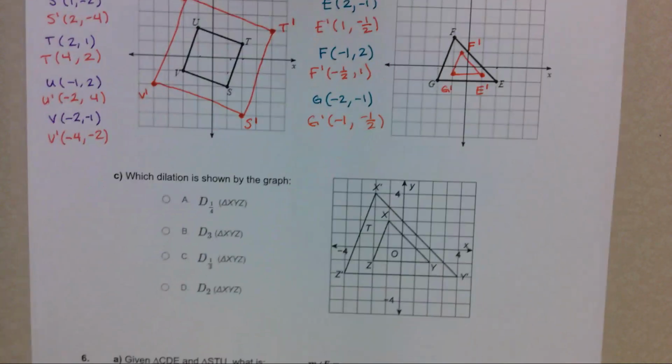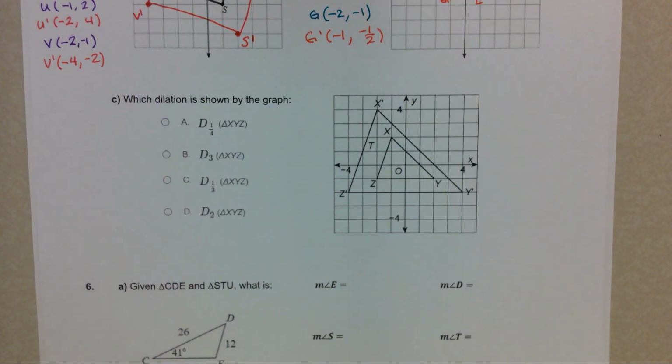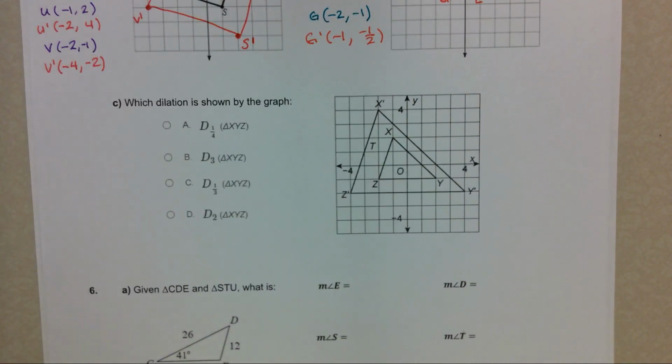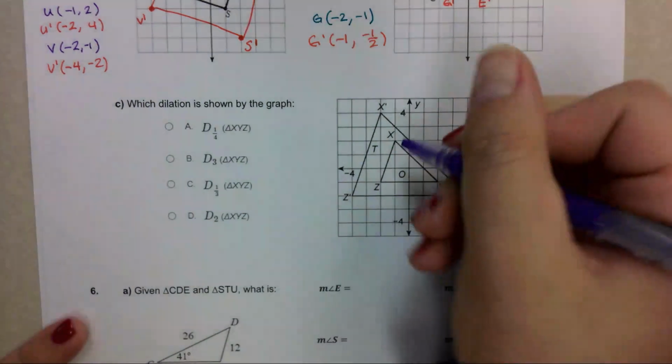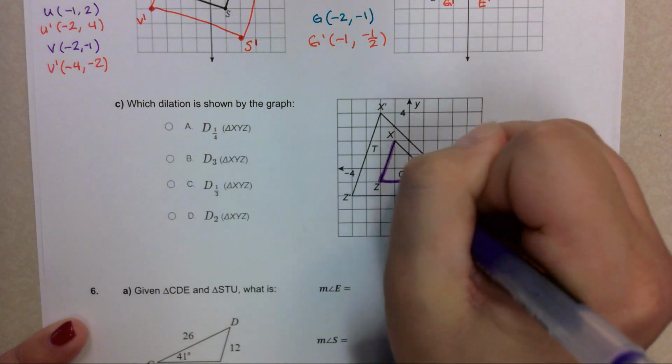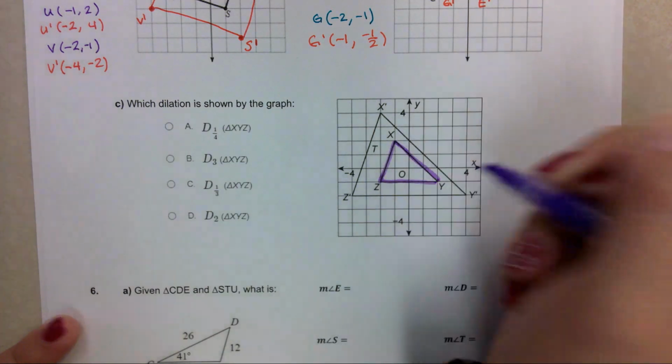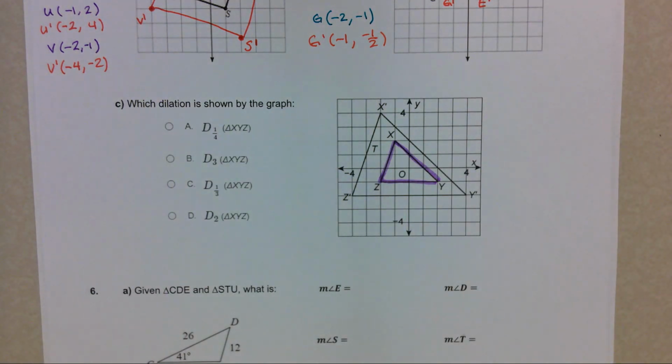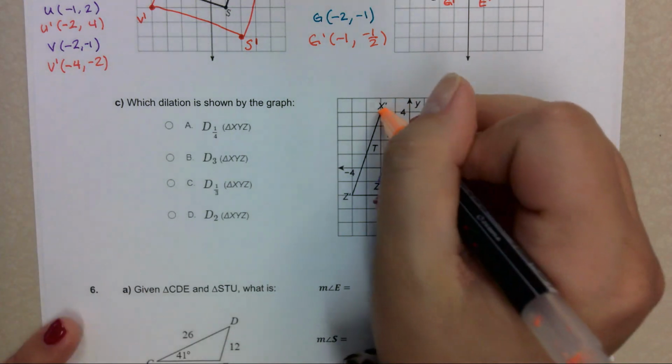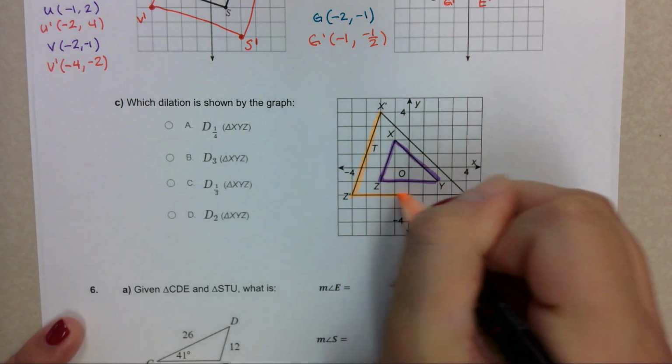And then part C, they already give us the graph of the pre-image and image. And so my pre-image is XYZ, which is this smaller triangle, because I know the image is the triangle that has the primes on the vertices.